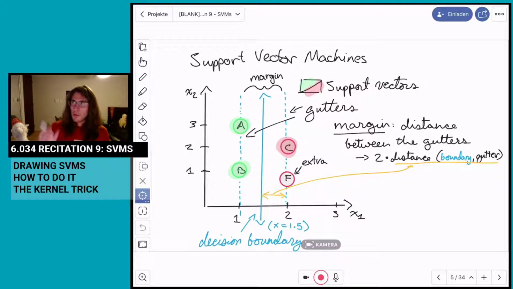We're trying to put as much space as possible between the decision boundary and each of the support vectors. So that would be increasing the margin. And then we're calling the margin, I misspoke, the margin is basically twice the distance from the decision boundary to the gutter.